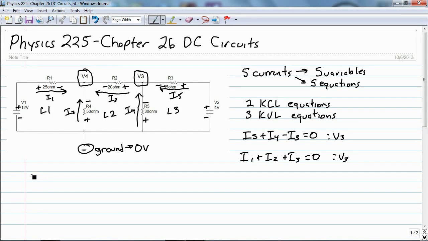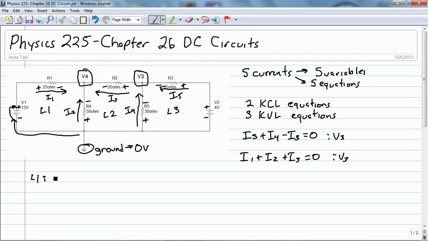So for loop 1, we start at ground. It's just a good place to start, and I'm going to go around the loop checking my polarities. As I start over here at ground and work my way over to my potential, I'm going to take the sign on the other side of the component. So I'm basically jumping over and taking that sign.